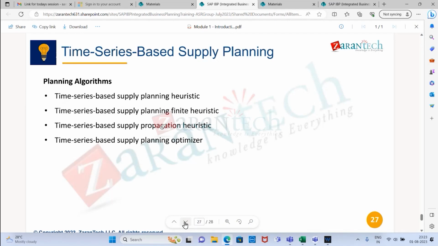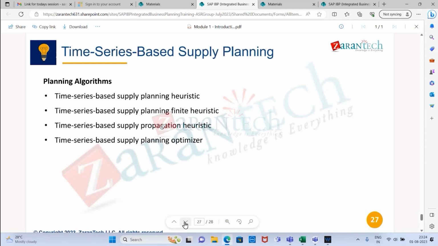So next are a few examples of the algorithms. For example, time series based supply planning heuristics is one algorithm. Time series based supply planning finite heuristics, then propagation heuristics, and time series based supply planning optimizer. So these are four heuristics or algorithms which are set as part of supply planning.